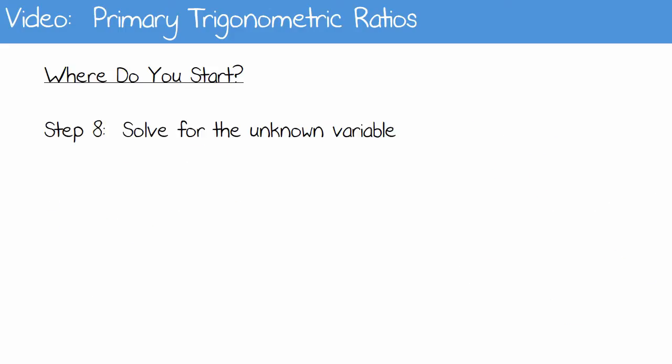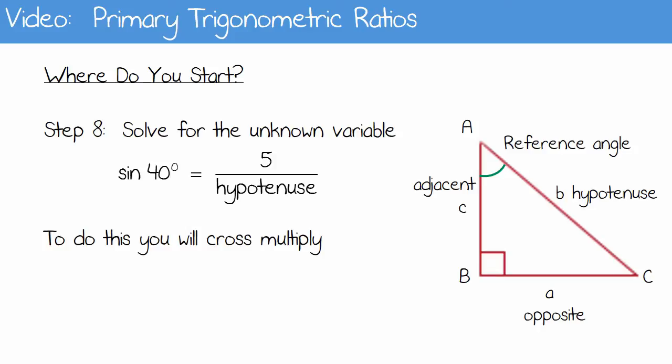And now we use our calculators to solve, but first we must cross multiply to get sine 40 degrees equals 5 divided by the hypotenuse.